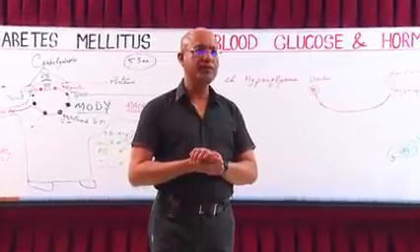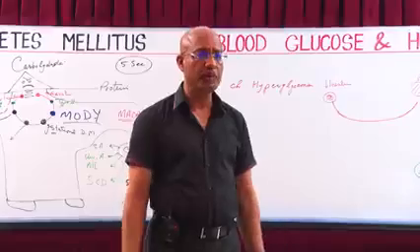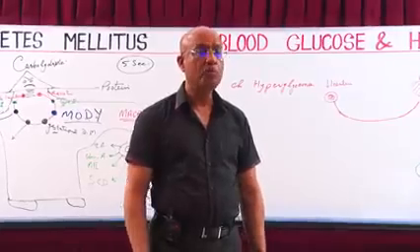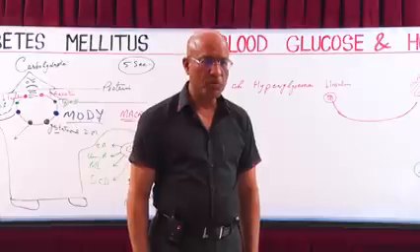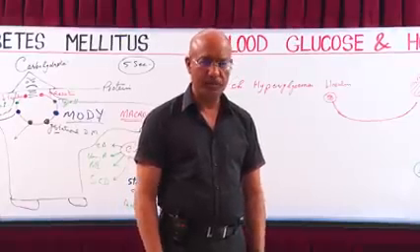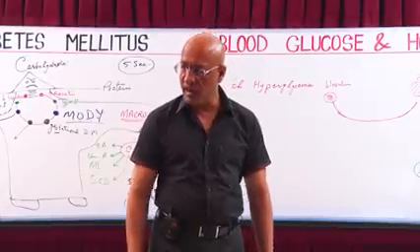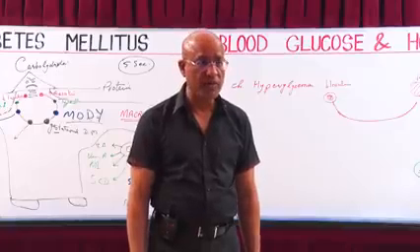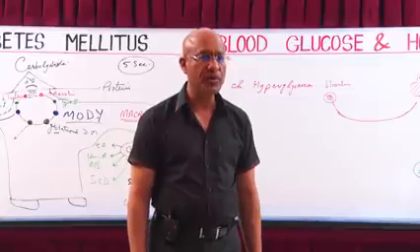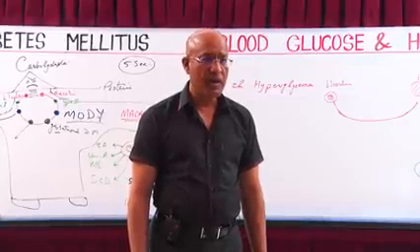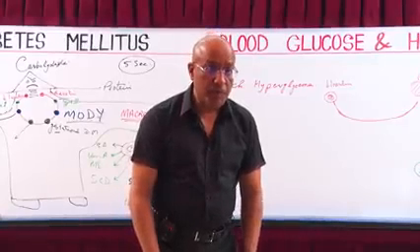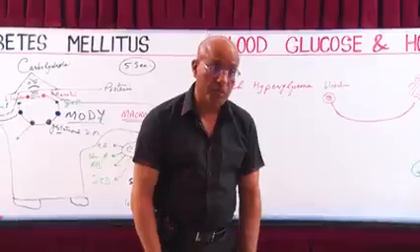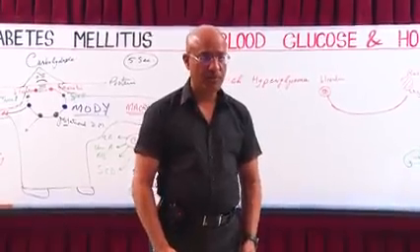One of the common manifestations is peripheral neuropathy, peripheral polyneuropathy, most commonly in lower limbs. In the lower limbs, the neurons, especially sensory neurons, may undergo dysfunction. But not only sensory, motor neurons can also suffer.